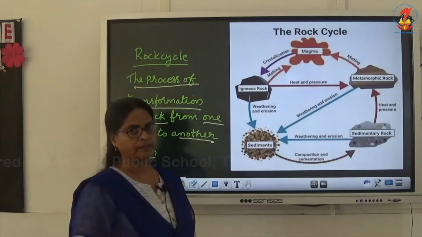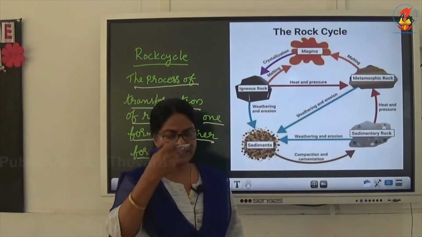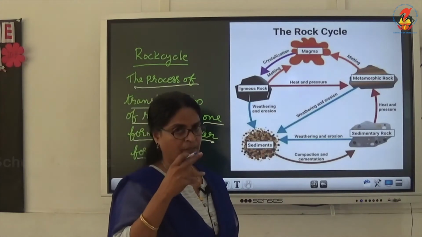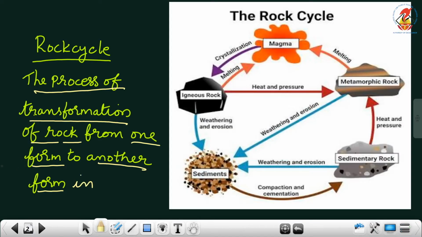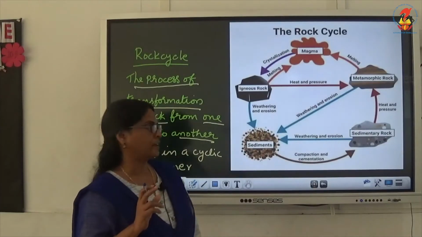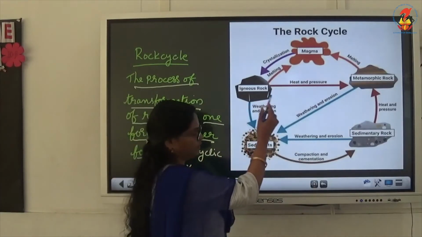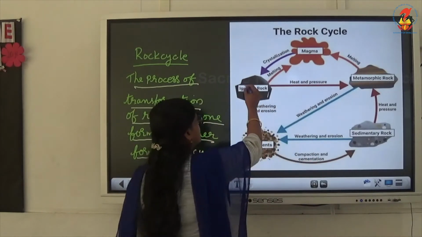That is called the rock cycle, and it changes in a cyclic manner. This is called rock cycle, and you can see the picture here. Take the igneous rocks.